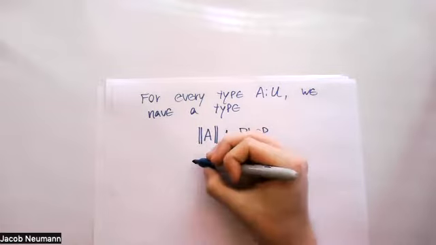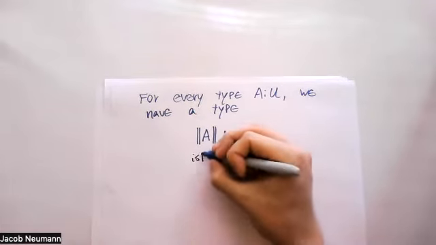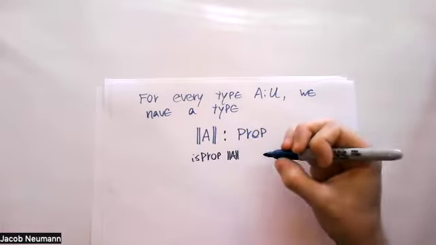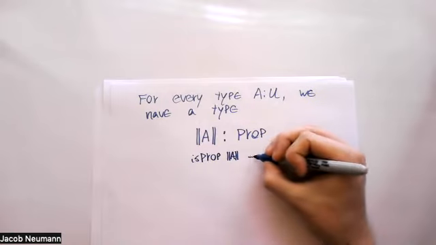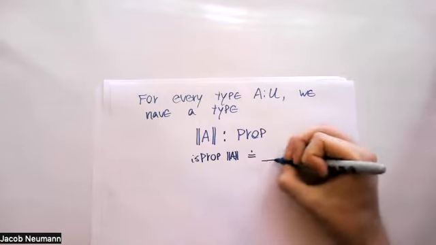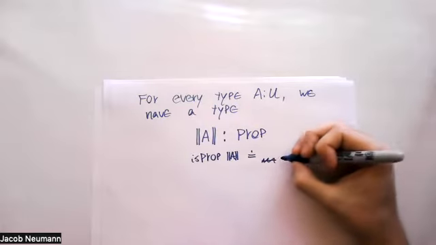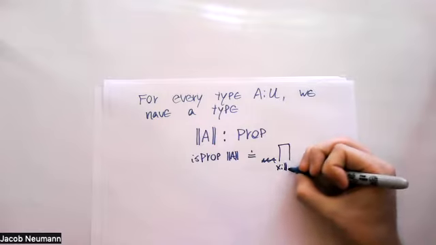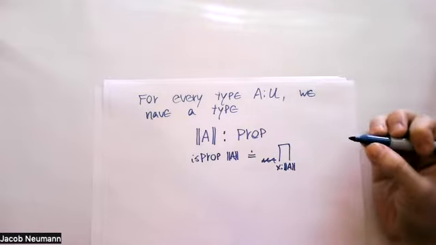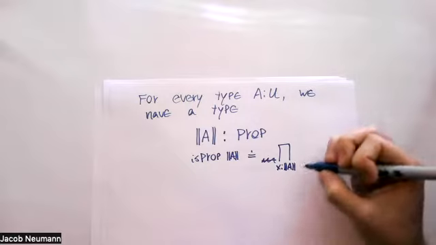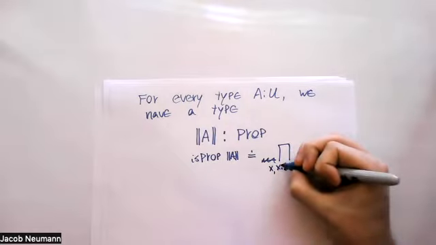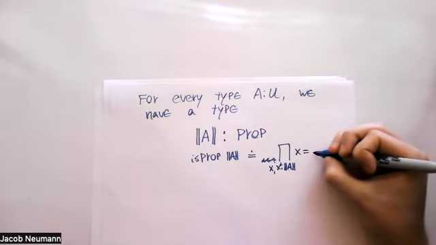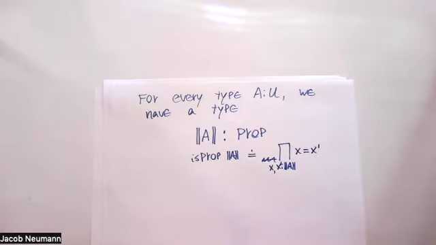So we have a witness of is-prop of the truncation of A, which remember is the same thing as sigma proof that for all x and x prime of type truncation of A, we have x equals x prime. So it's a proposition.